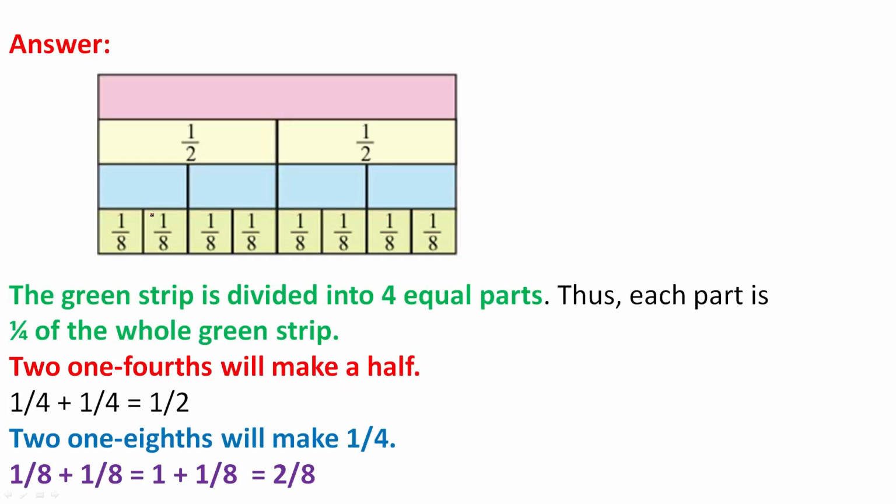Now the whole strip, in the first case, is the whole part. Now the whole part is divided into 2 equal parts. You can see 2 parts.